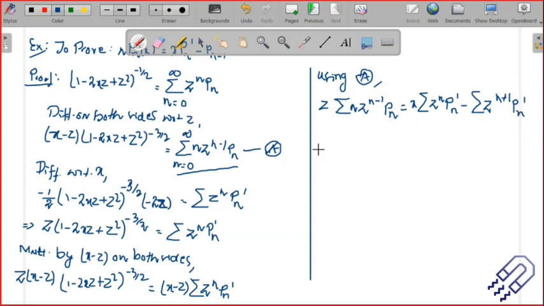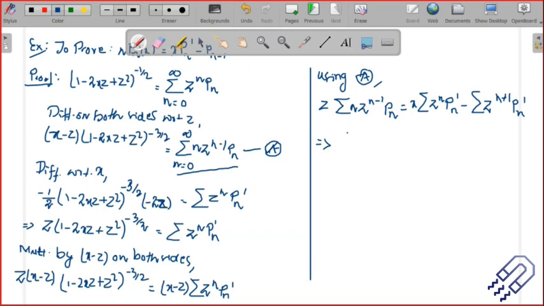And what else can we do? Let's see, we need this relation, right? n pn. So where we have n pn here, there is a z here. This z will get multiplied with this, so I'll be getting z into z to the power n minus 1, so z to the power n.